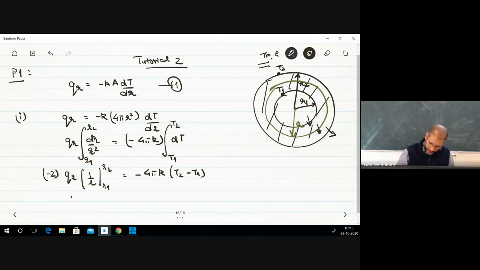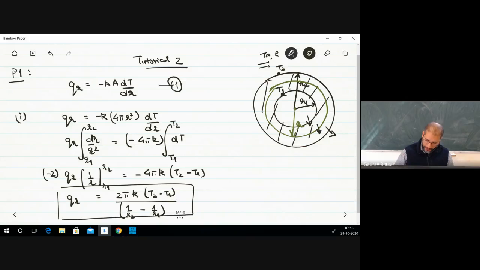So I can move around the terms, and my Qr finally becomes the expression in terms of T1 and T2. So that was what was asked of us in this problem. Is that clear?